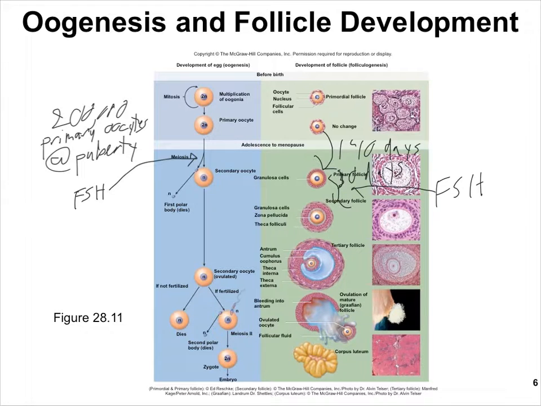This follicle is now enclosed in 3 layers of cells, right? The granulosa cells are the ones that have the receptors for FSH, and they are the deepest layer of cells.